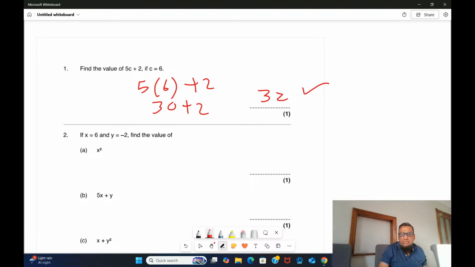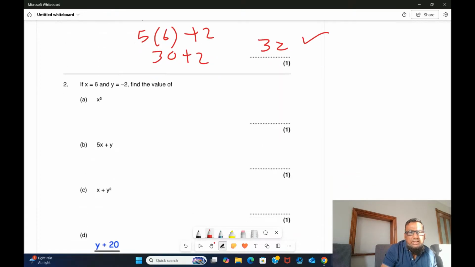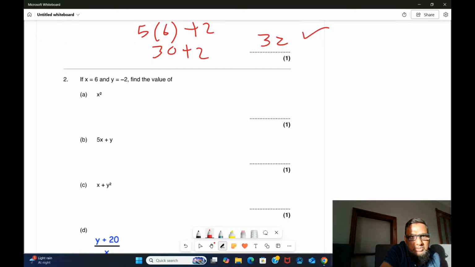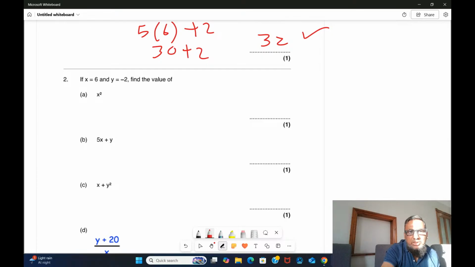Now we can try to solve question number 2. It says if x equals 6 and y equals minus 2, find the value of x squared. So how do you work out this one? The x is squared, and the x value is 6.